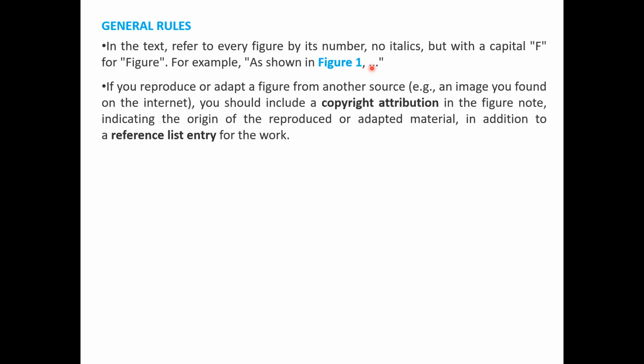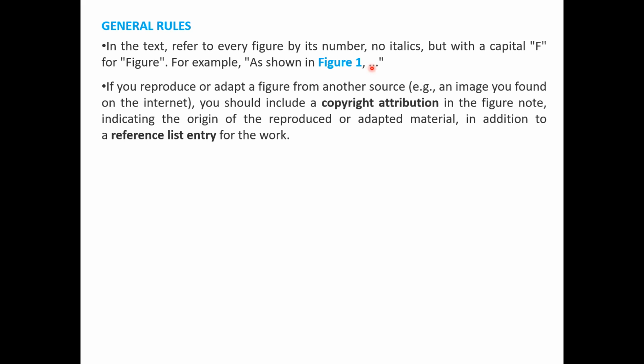The second one is copyright attribution. Some of the figures are not really made by you, but you are using them. And there are some really itchy people who say, hey, this was my intellectual product and I need a copyright. I totally understand that, because they made it.